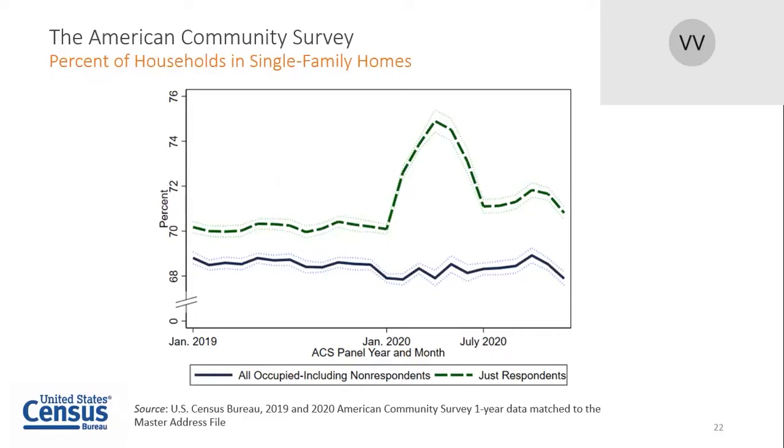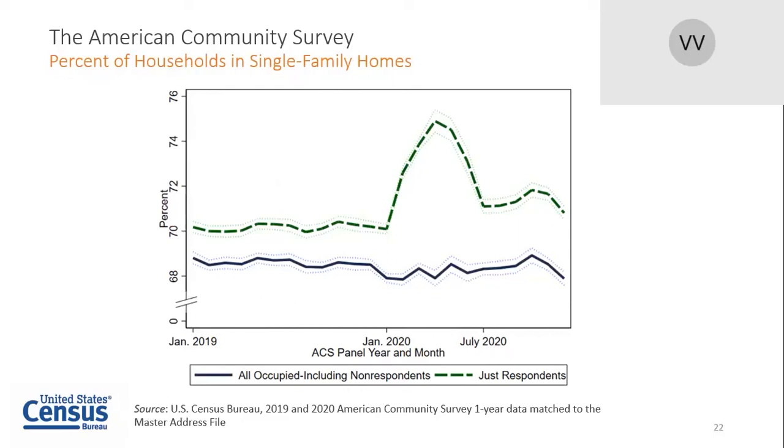And then on the X or horizontal axis is the month a household is sampled for the ACS, which is a reminder: when a household actually completes the ACS could be a couple months after being sampled. So in summary, what this graph shows is that even in 2019, it appears respondents were a little bit more likely to reside in single-family homes.